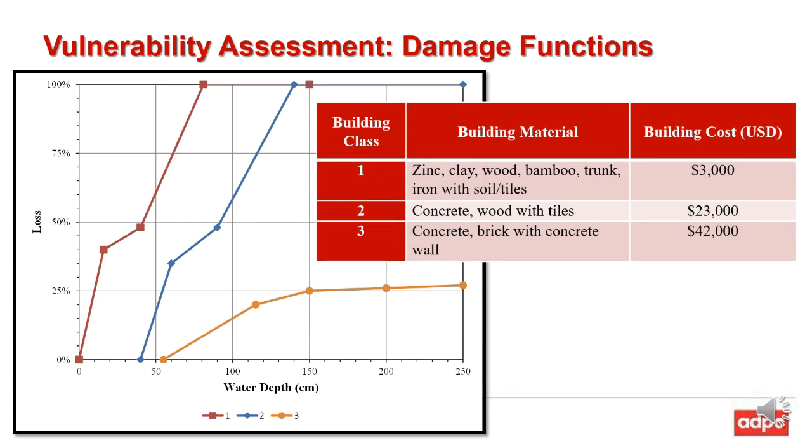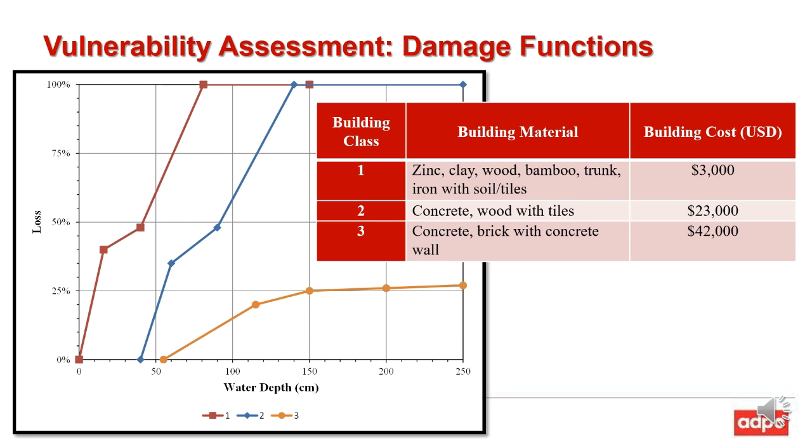So this is one of the damage function sample examples for flood. So while the water level goes up, the losses will be much higher for different kinds of buildings, like of course for zinc, clay, wood, bamboo, trunk, iron, or soil with the soil or tiles.